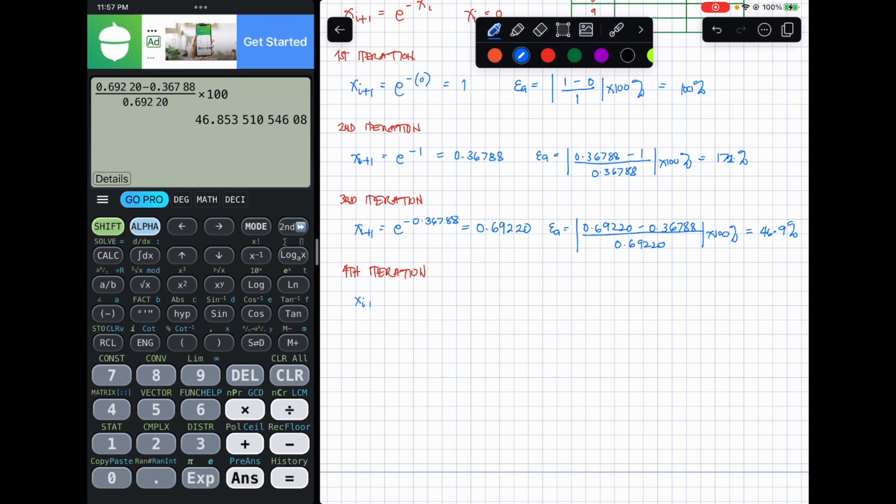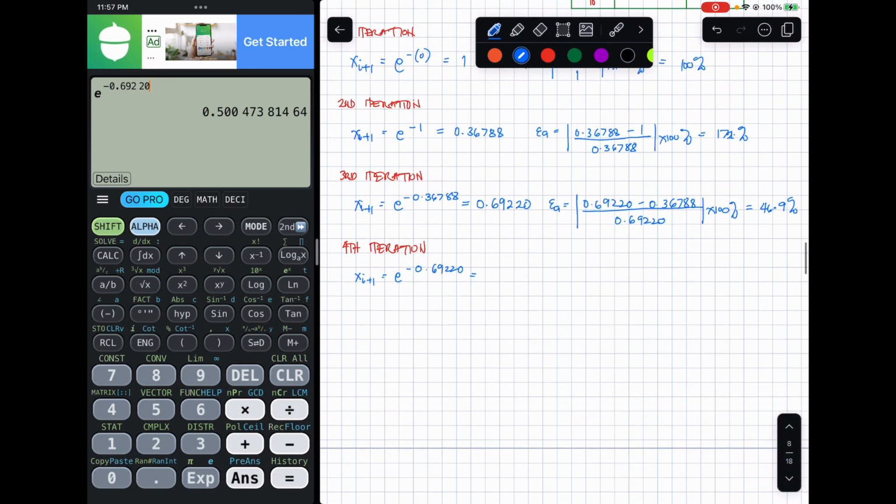So our x sub i plus 1 will be e raised to negative 0.69220. So shift e negative 0.69220, which is 0.50047.